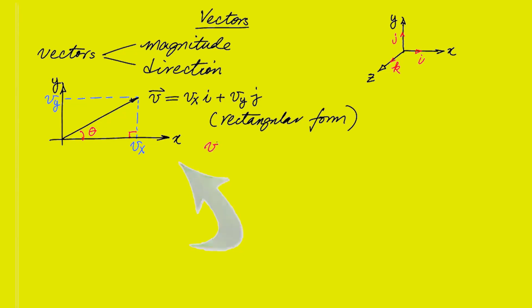So then vector v can be represented by its magnitude, that is the length of the line, and its angle theta. And this form of representation is called the polar form. Conversions between the two forms are quite convenient.